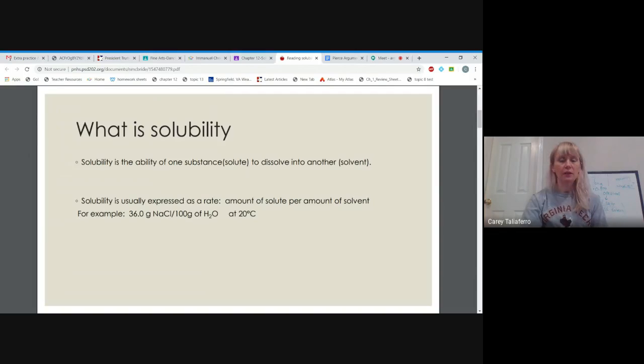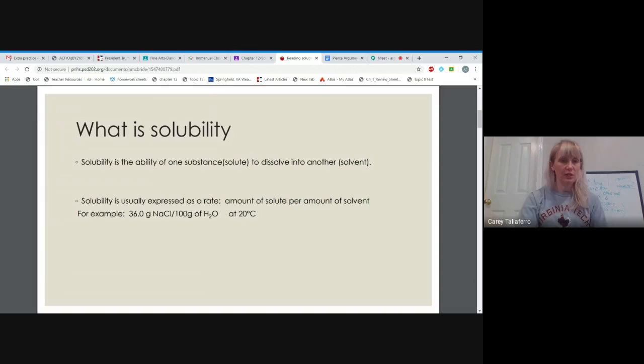but as far as a rate, I want to show you that when you do these solubility graphs, you're not going to use molality. It's a difference. So there's kind of a standard way to compare all solutes with their solubility in water.